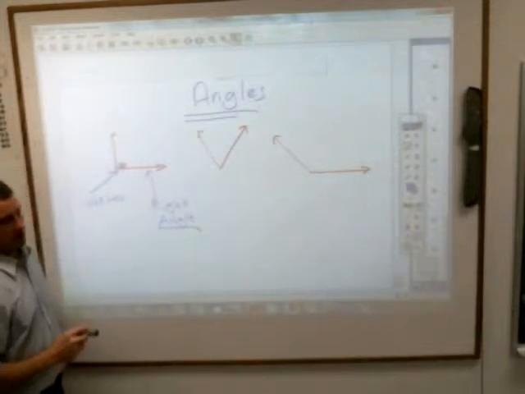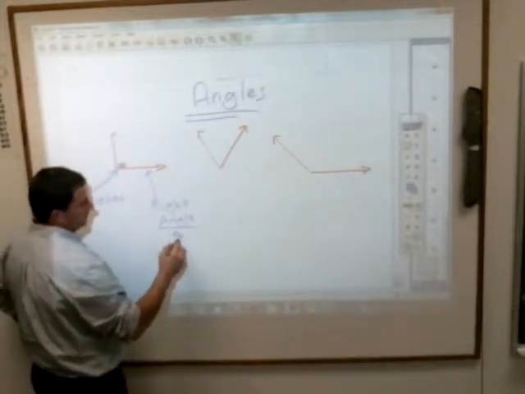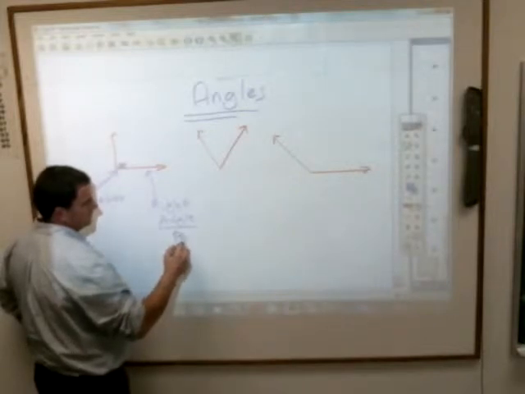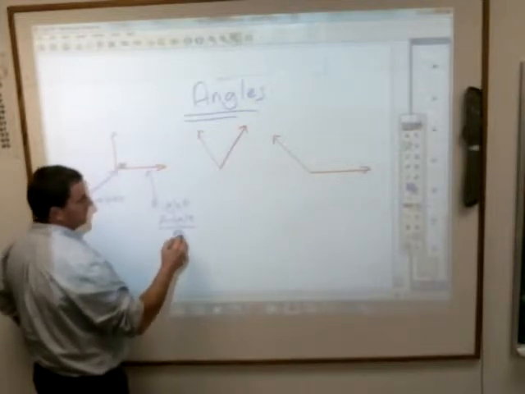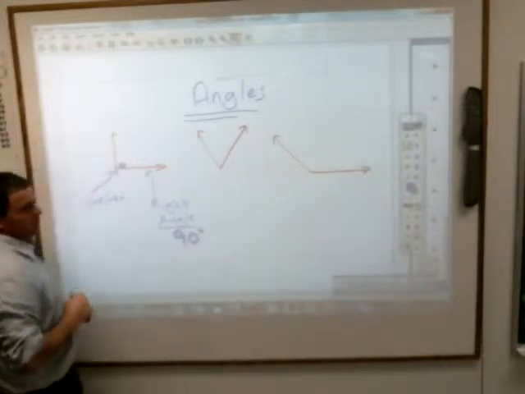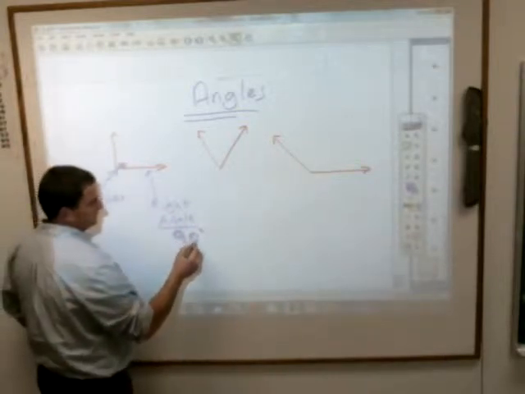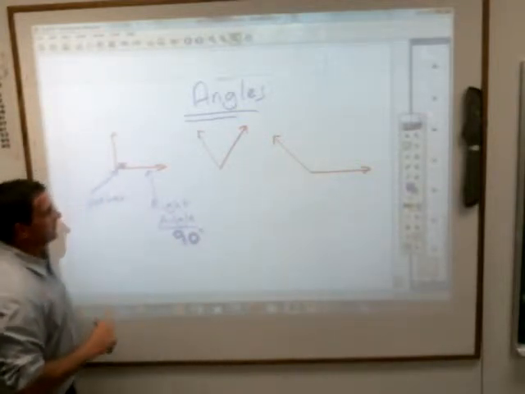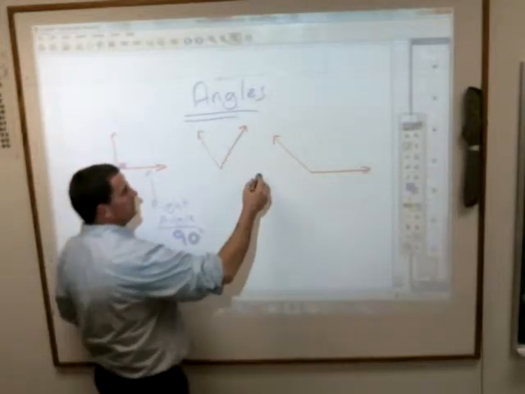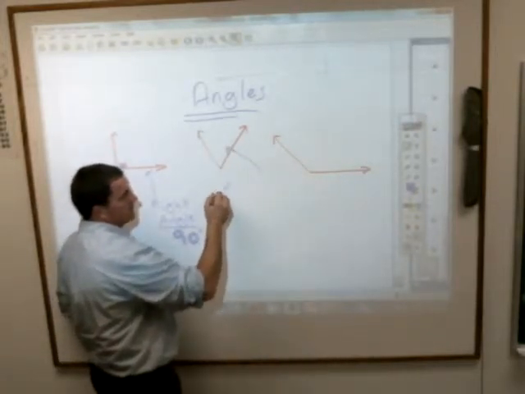And how many degrees is a right angle? That's a tough one. DJ? 360? No, 90. There you go. 360 degrees in a circle. A right angle is 90 degrees. If it is this angle here, I'm going to use a little math jargon here.